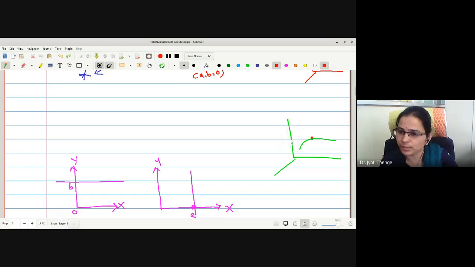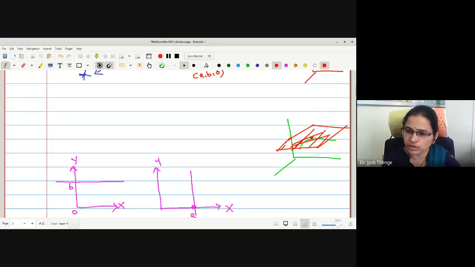Among all those lines, we want one line which is along the x-axis, and this is the only one line. All these lines are passing through the tangent point C. Out of all these possibilities, we want one line tangent at this point and parallel to the x-axis, and this is the only one line.